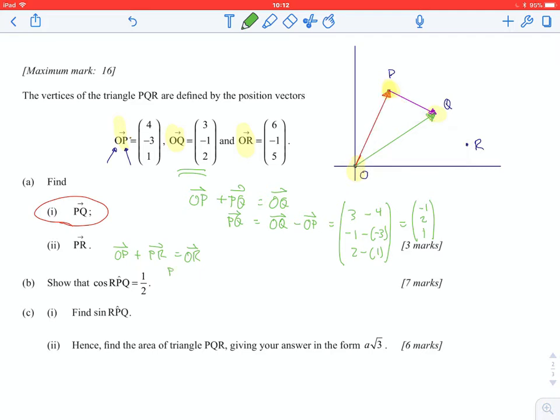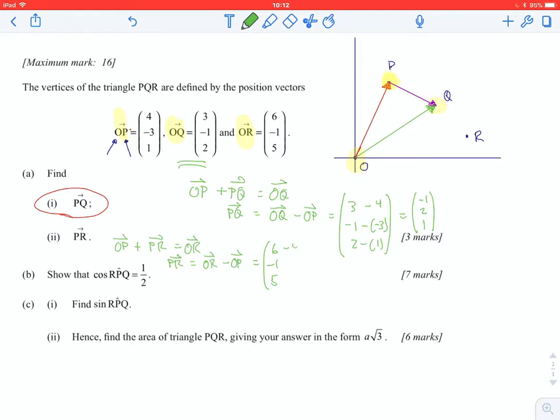So this means that to find PR, we again are just going to subtract. So vector OR minus OP. We can do the same subtraction that we just did. OR is 6, -1, and 5. And OP is still 4, -3, and 1. And that gives us the vector 2, 2, 4.